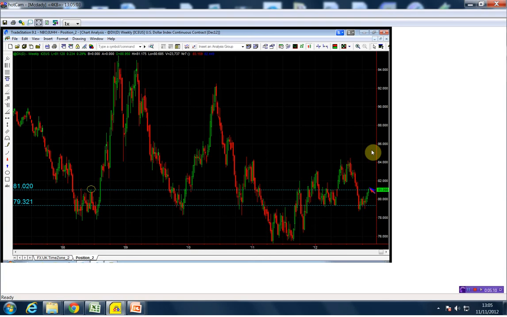So assuming that these guys were right about the doom and the gloom, this was the effect that we had in the US dollar, and this is what it's doing. So I hope they're right again, and we should act accordingly and buy the dollar again as long as we're above the 81.02.